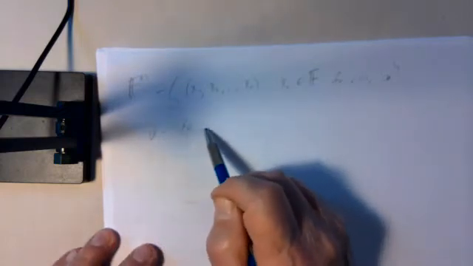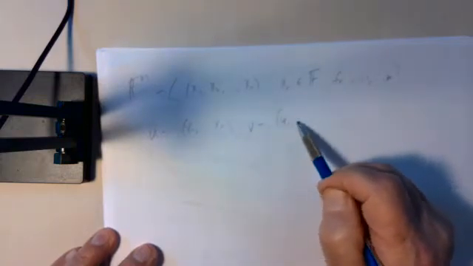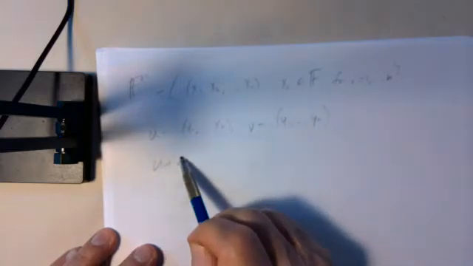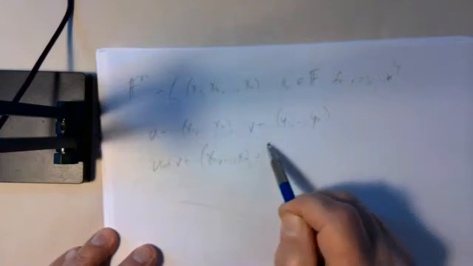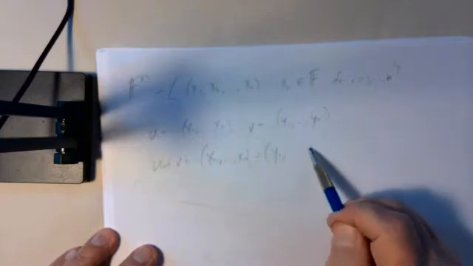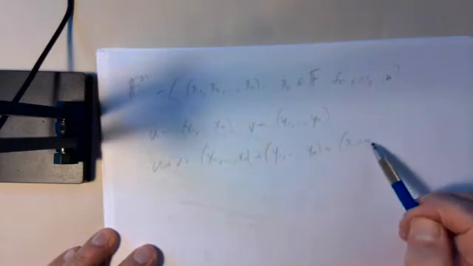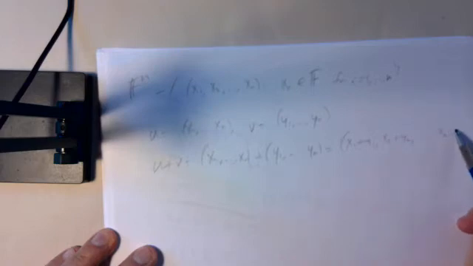If U is (x1, up to xn), and V is (y1, up to yn), then U plus V is (x1, up to xn) plus (y1, up to yn), we just add coordinate-wise: x1 plus y1, x2 plus y2, up to xn plus yn.